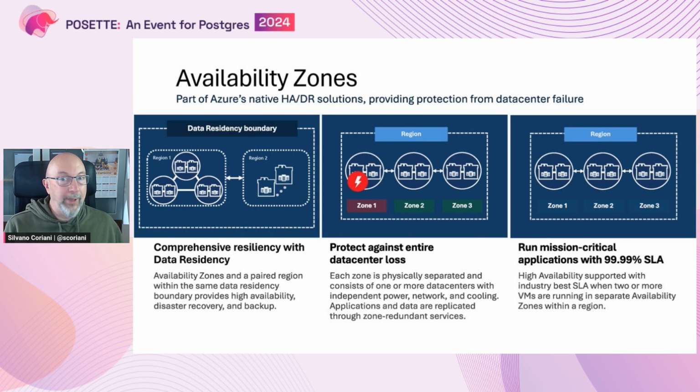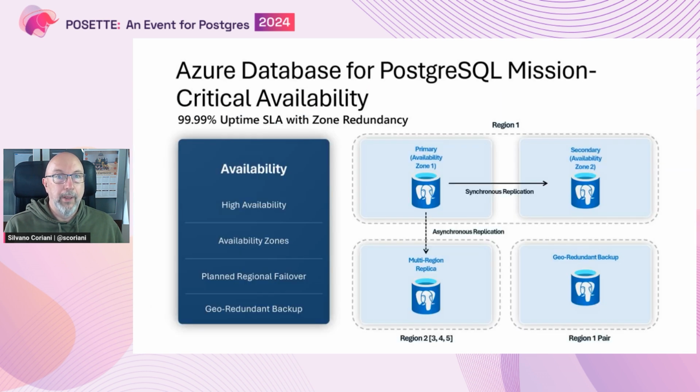Right, and we can go up to 4 nines easily with the combination of hardware and software. So for Azure Database for Postgres specifically, this is the combination of the two technologies that we were referring to.